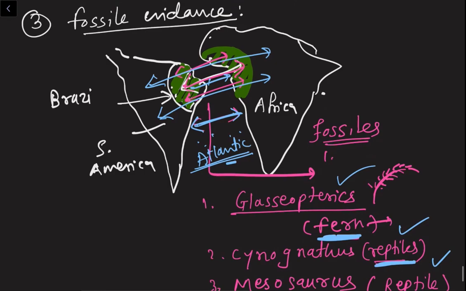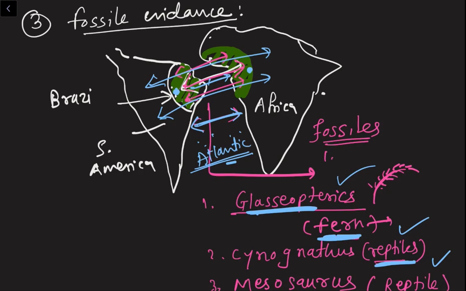Okay, so this was his fossil evidence, and this was quite evident that yes, it can be possible. A question was also raised that this type of animal may have evolved here, like Glossopteris may have evolved in Brazil, and at the same time it may have evolved in Africa also. What is wrong in it, right?